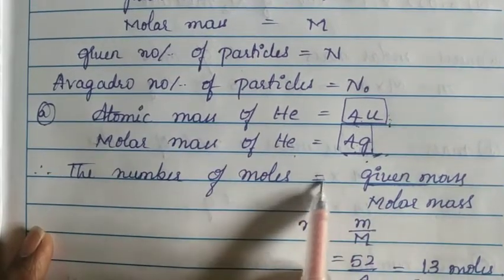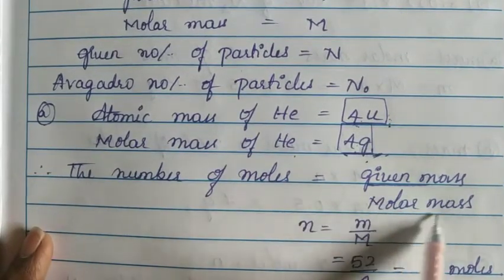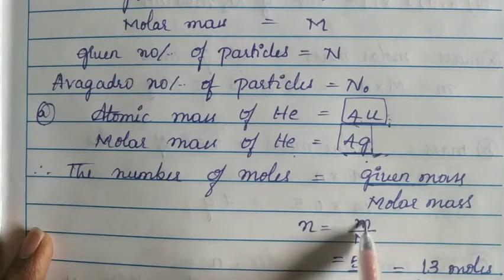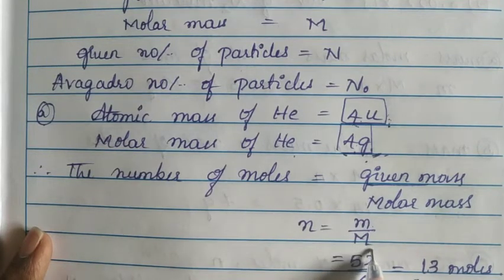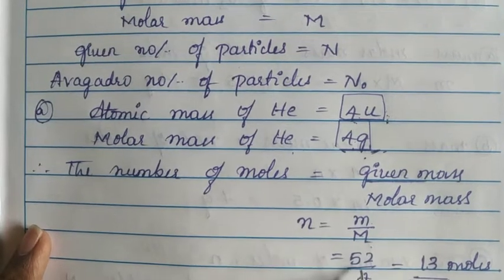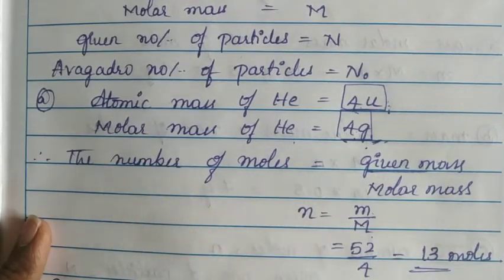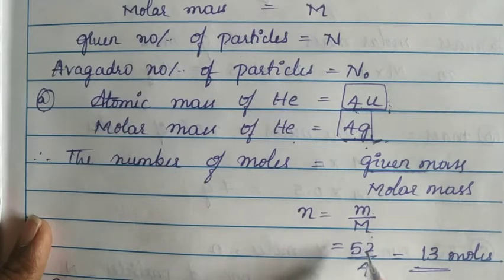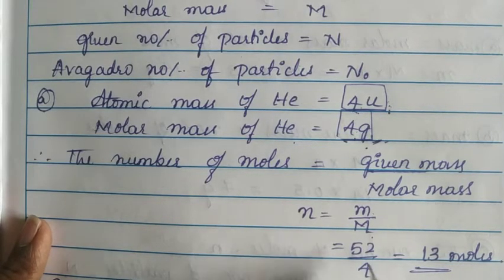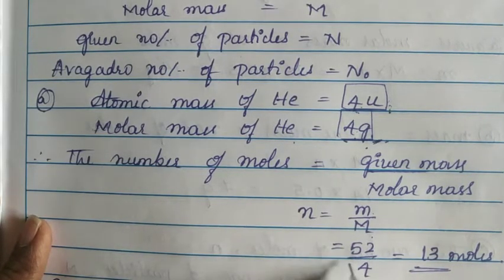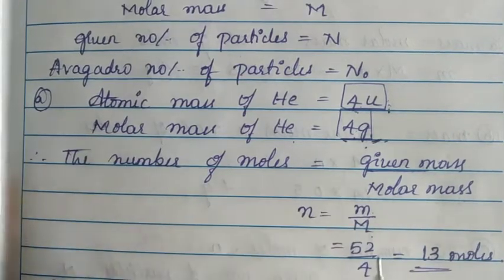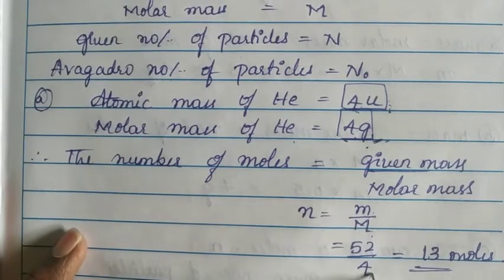Now come to the number of moles. Number of moles is equal to the given mass divided by the molar mass. Given mass is small m, the molar mass is big M. In our first question, 52 gram of helium is given. That is the given mass, 52. The molar mass of helium is 4.